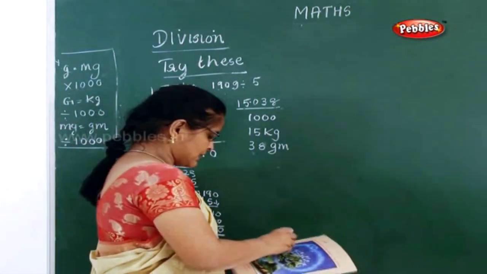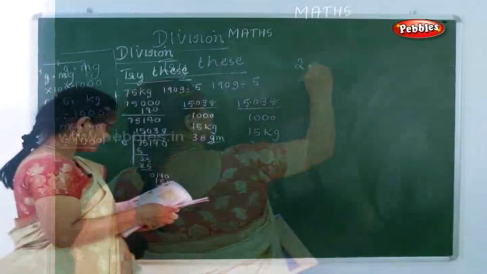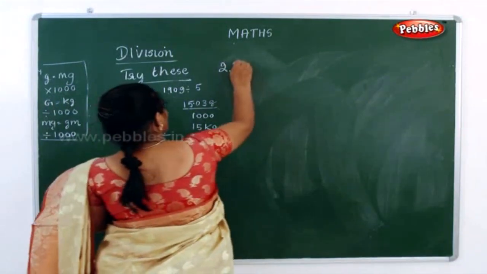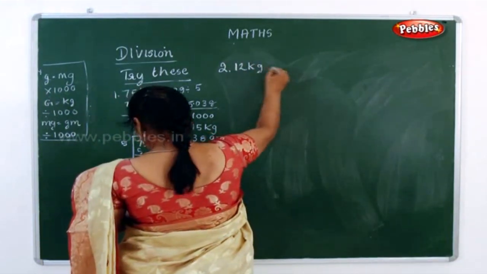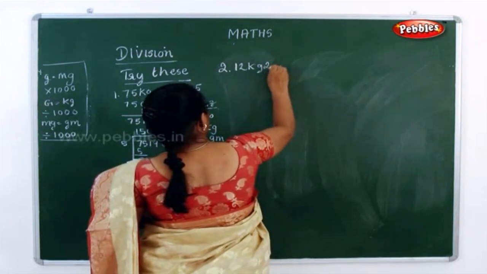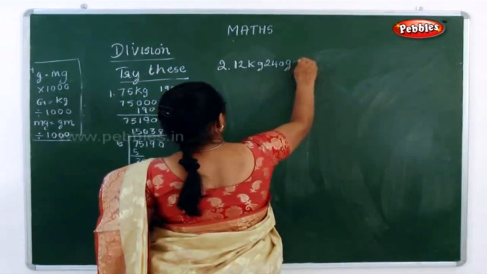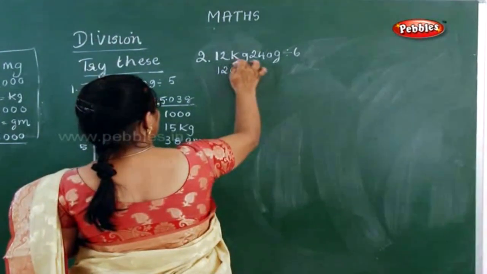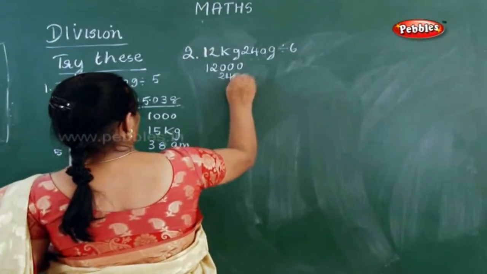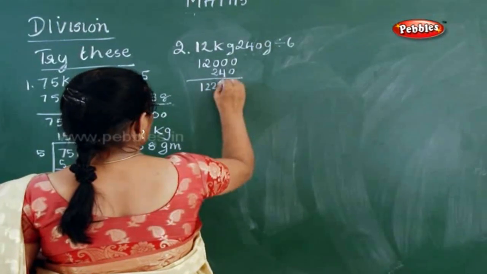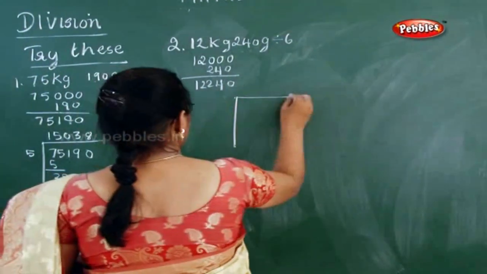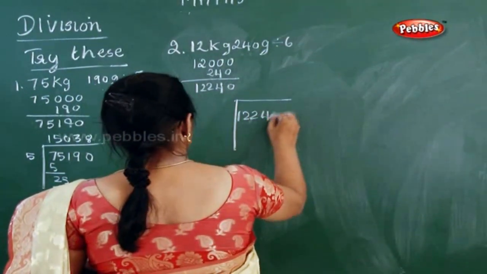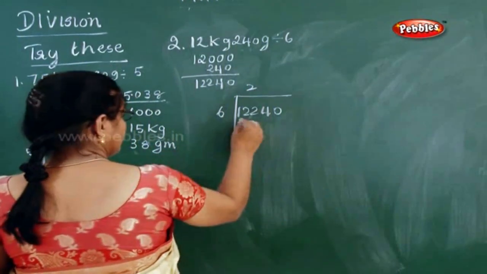Now second sum, what is the second sum they have given? See, second sum, 12 kg 240 gram divided by 6. So 12,000, because you are converting this kg into gram, plus 240. So you write 12240. Now you have to divide it by 6. 6 2s are 12.